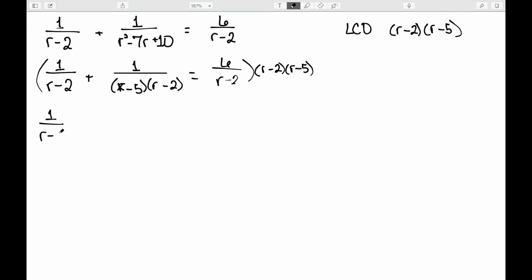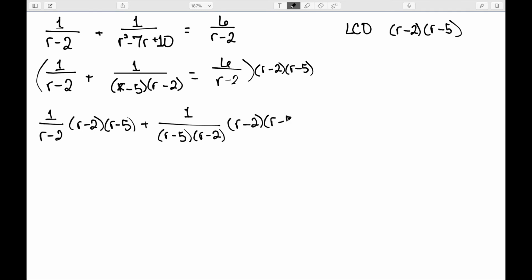That gives me 1 over r minus 2 times r minus 2, r minus 5, plus 1 over r minus 5, r minus 2, times r minus 2, r minus 5, is equal to 6 over r minus 2, times r minus 2, r minus 5.